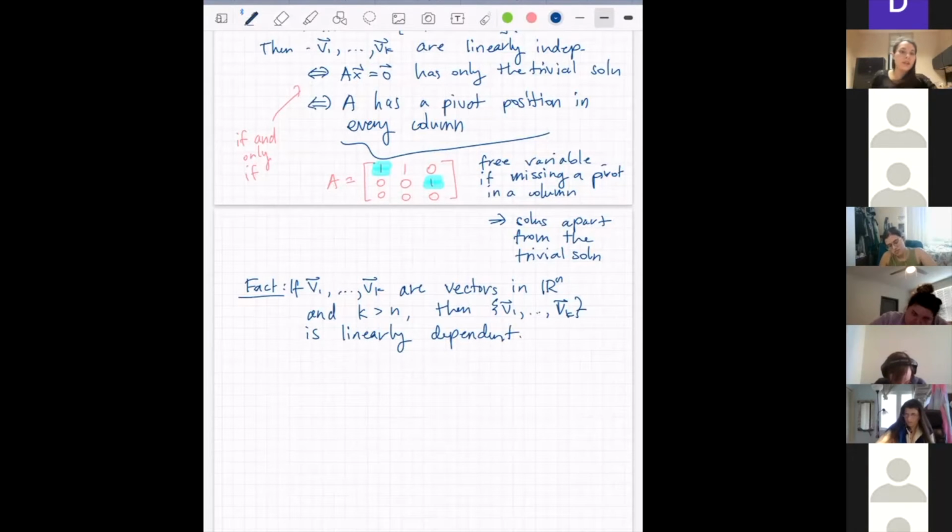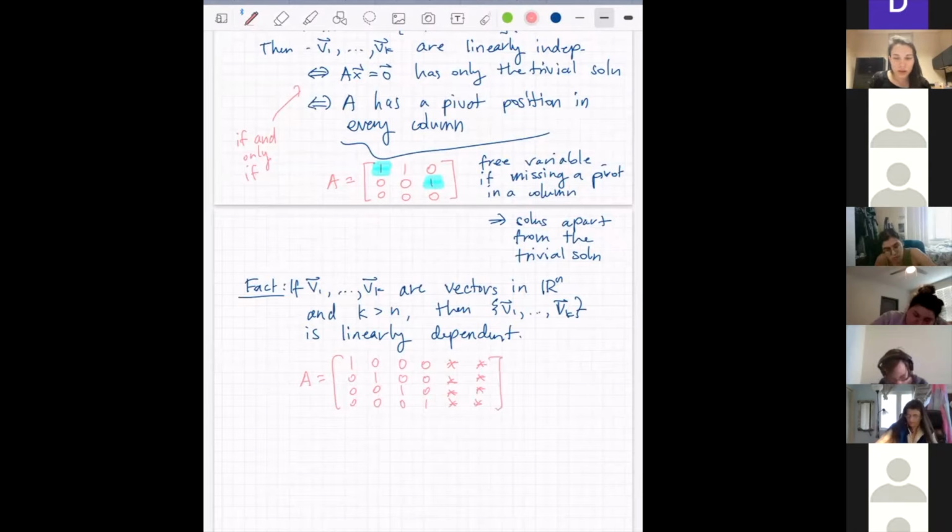And the reason being that, just as an example, if we had the vectors (1, 0, 0, 0), (0, 0, 0, 1), this guy right here, and then some other vectors after that, it doesn't really matter what they are, right?